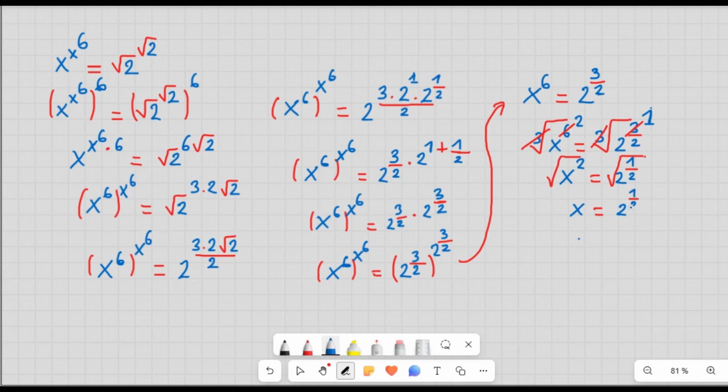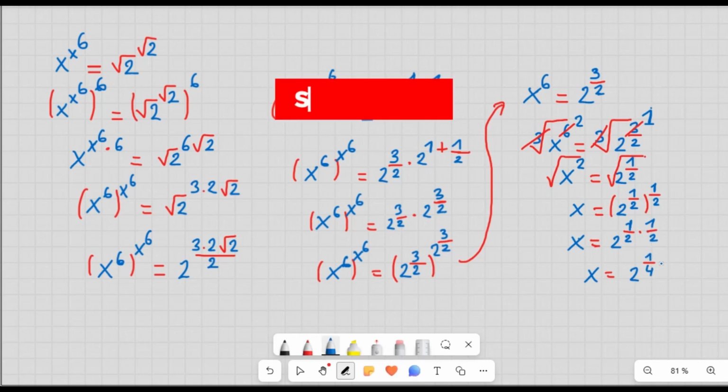We express that root as a power of 1/2. We multiply the exponents and the result is 2 to the 1/4.